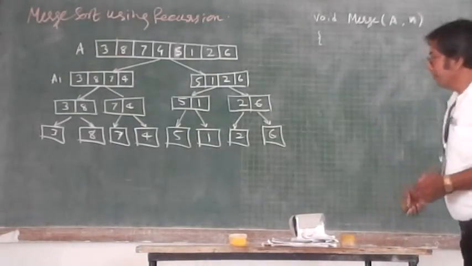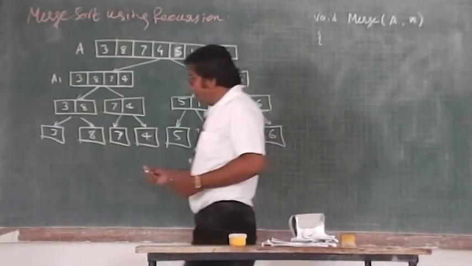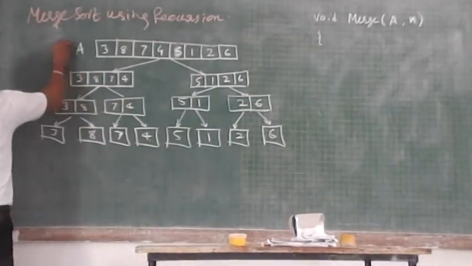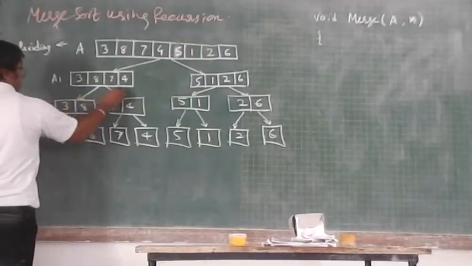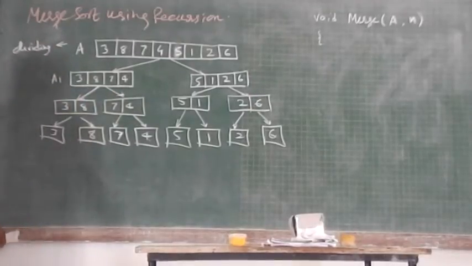Now what do I do? Then I go for merging. Now this is what? Dividing I have just done. Now I go for merging.